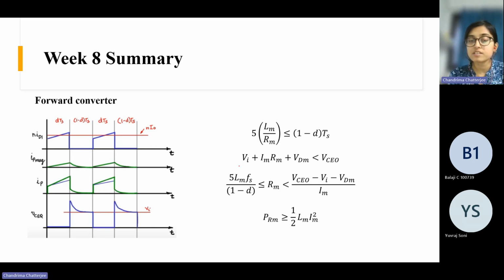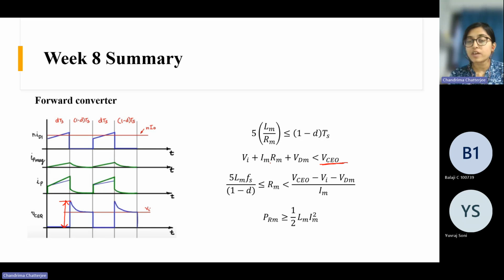Another condition is this voltage. Basically, this value I am talking about, the peak voltage that appears across the device, should be less than the switch breakdown voltage. For BJT, it is VCEO. For MOSFET also, there will be some voltage that it can withstand, beyond which it will fail.